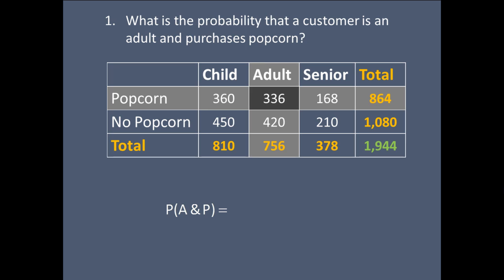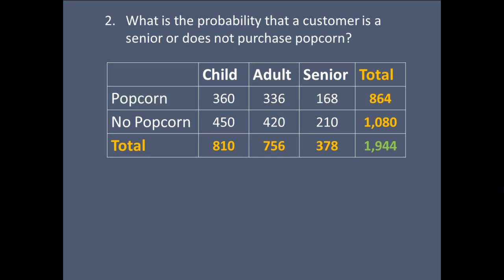And where those two things intersect, we have a frequency of 336. Therefore, to get the probability, we take our frequency 336, divide it by our total of 1,944, and we should get that the probability of adult and popcorn being approximately 0.1728.